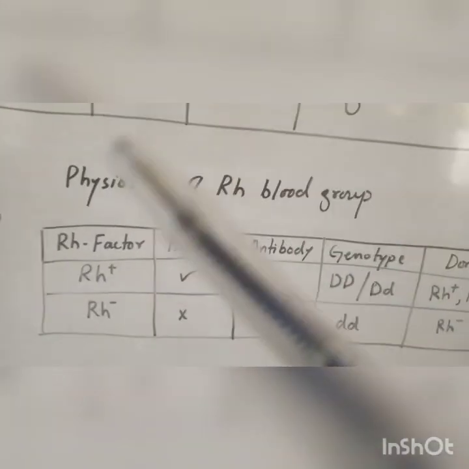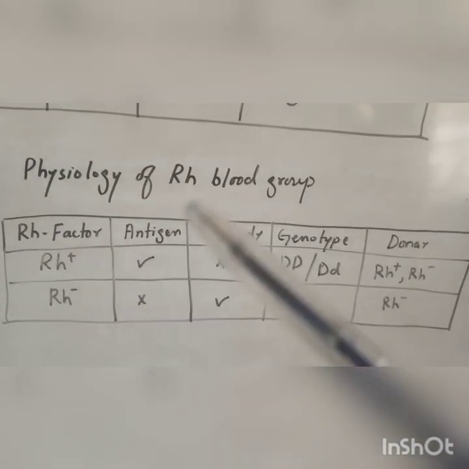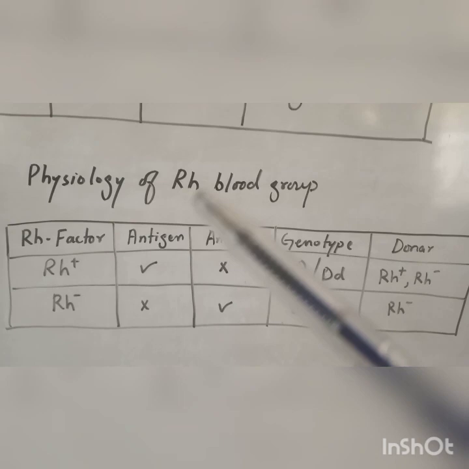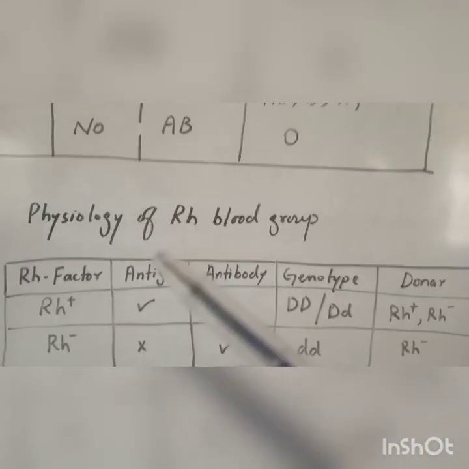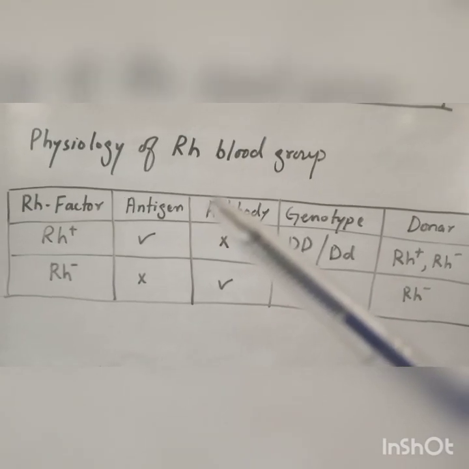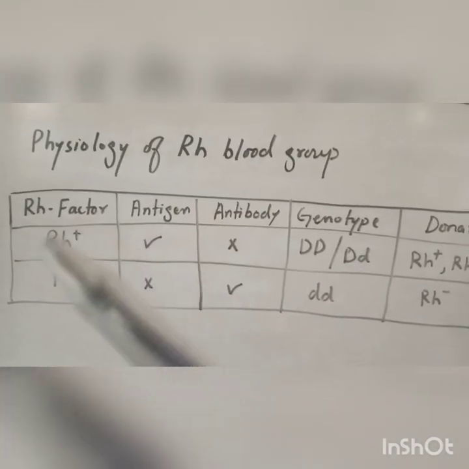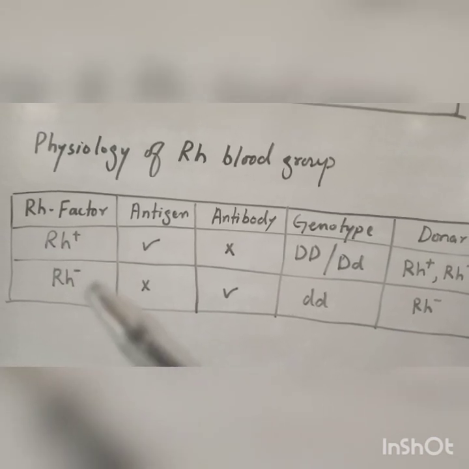If we look at the physiology of the Rh blood group, Rh was discovered in the rhesus monkey, known as the Rh factor, which gives the blood Rh negative or Rh positive nature. So for the Rh factor, there is Rh positive and Rh negative.